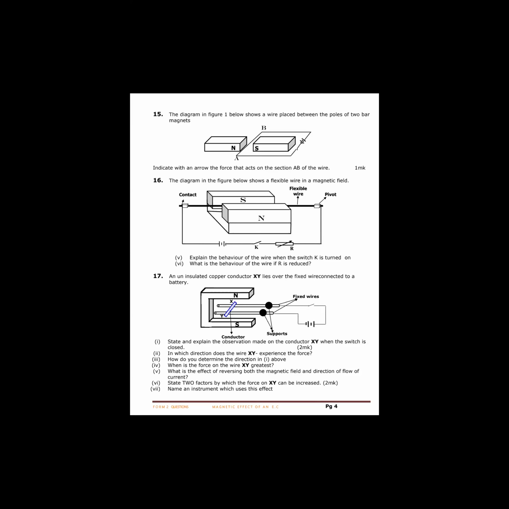What is the effect of reversing both the magnetic field and the direction of flow of current? We are reversing the direction of magnetic field and the direction of current, meaning we are interchanging. The north will be downwards and the south will be upwards.